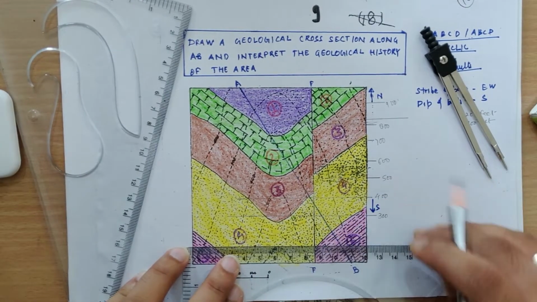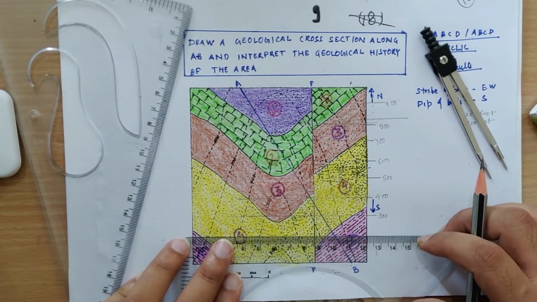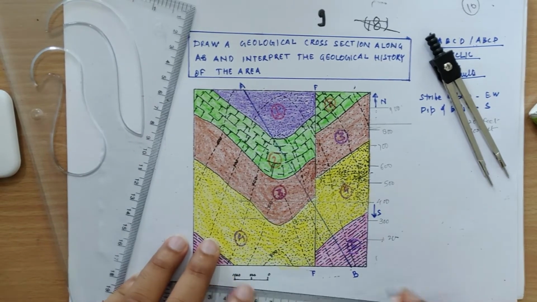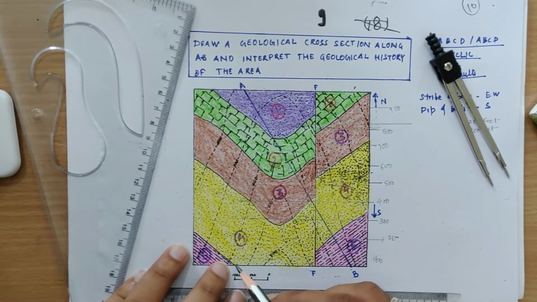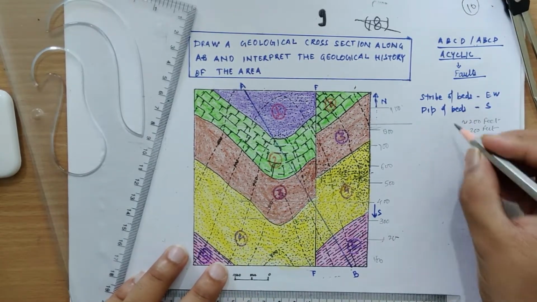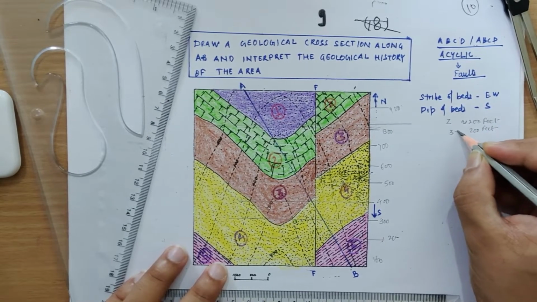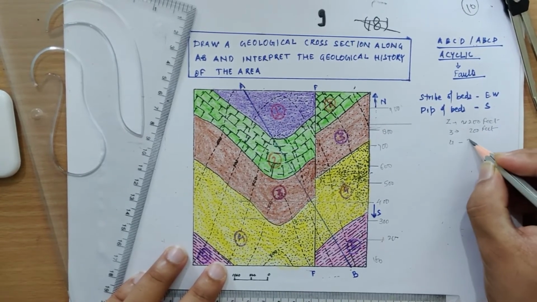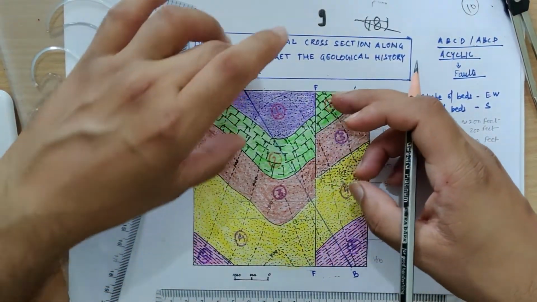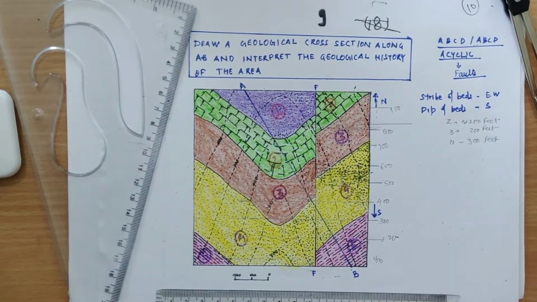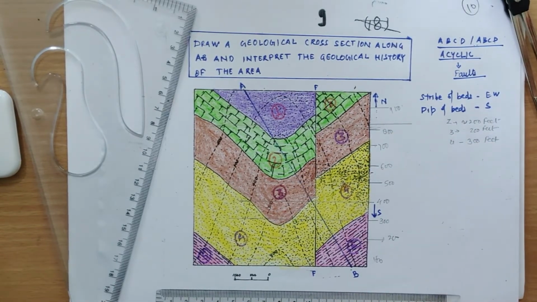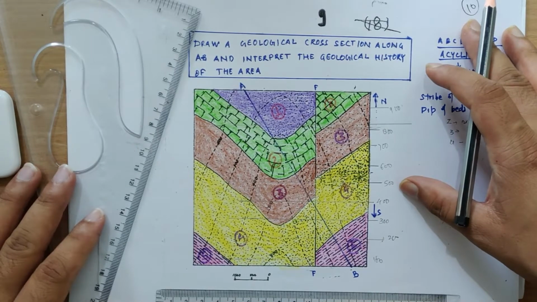This line, which is going to be from here, will be having value equals to 200. This will be 200 and this will be 100, and it is intersecting the value of 400. So the thickness of bed number 4 will be 300 feet. We cannot determine the thickness of first bed and last bed. So now we have determined the thicknesses of intermediate beds like bed number 2, 3 and 4. If we need them, we can further use while drawing the cross section.